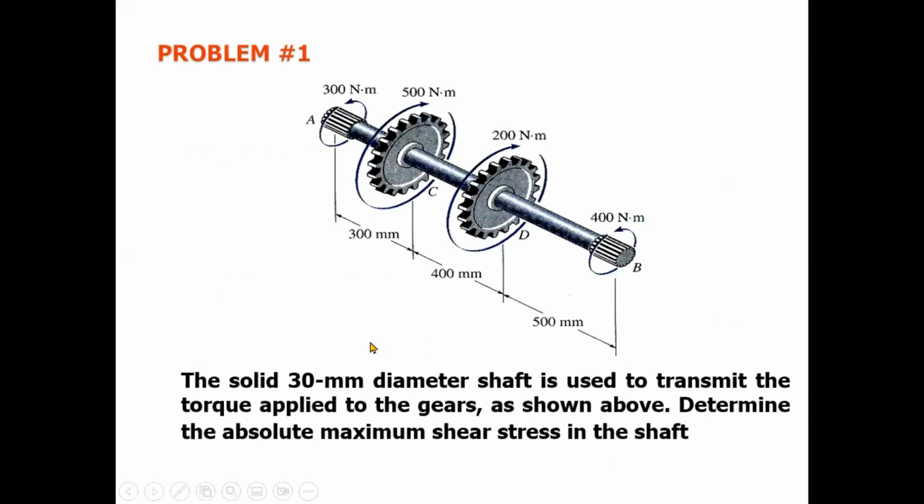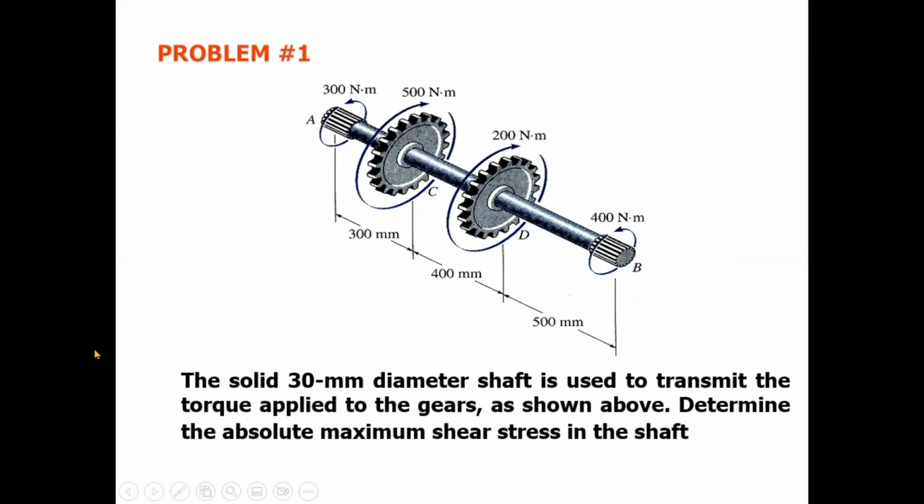Start with problem number 1. The solid 30 millimeter diameter shaft is used to transmit the torque applied to the gears as shown above. Determine the absolute maximum shear stress in the shaft. This is a circular shaft having torques at different positions.